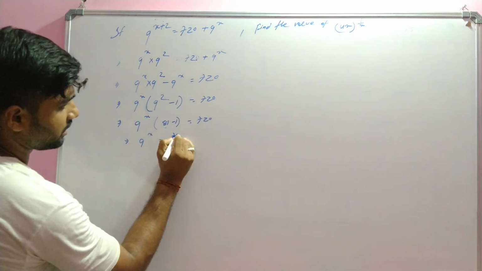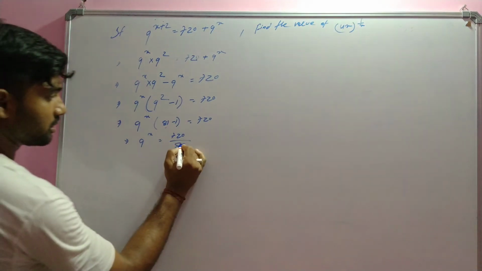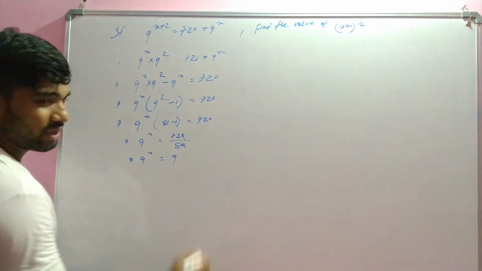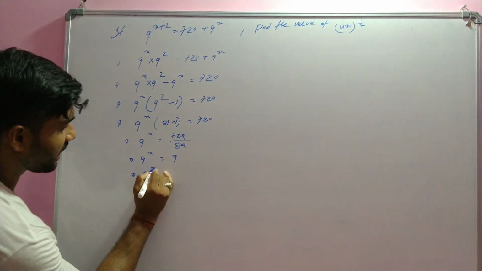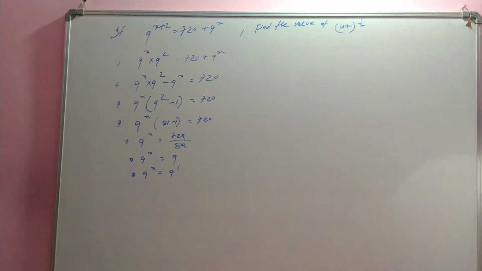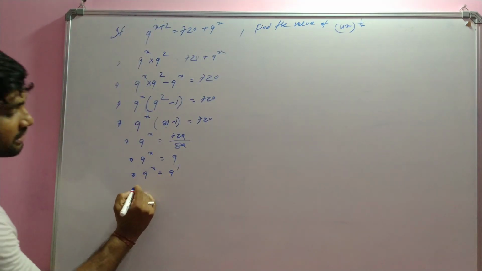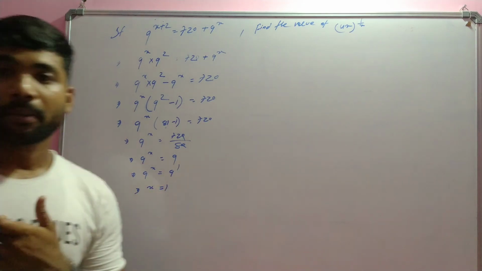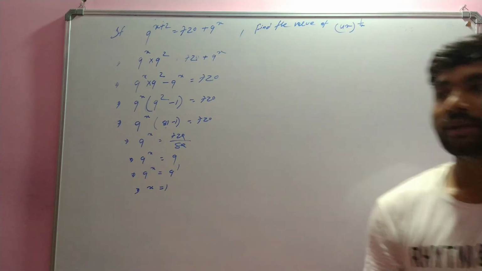So 720 divided by 80, it will be 9. 9 to the power x equals 9. 9 means 9 to the power 1. Same base with different power. That means x equals 1. You got the value of x: the value of x is 1.